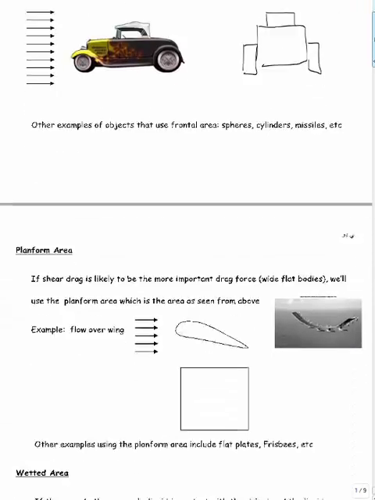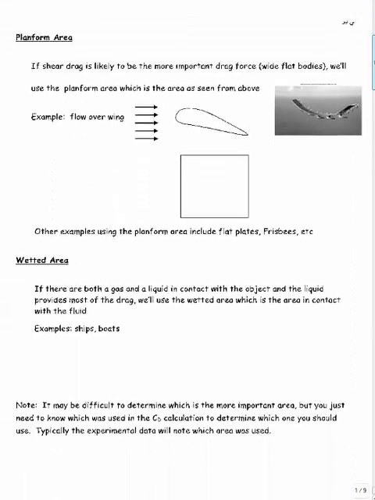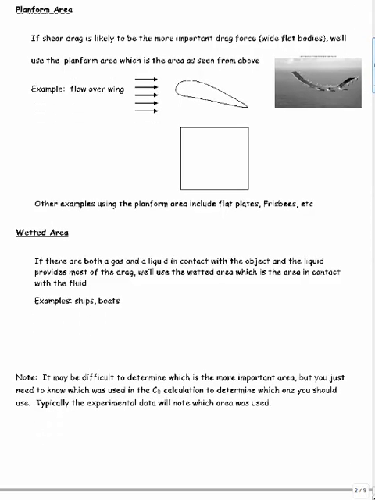The other kind of area that you could possibly use is called the planform area, and you would use that whenever shear is the main cause of drag. So you've got a big surface area where the flow is going parallel to the surface, like in a wing, for instance this great big airplane with a gigantic wing.